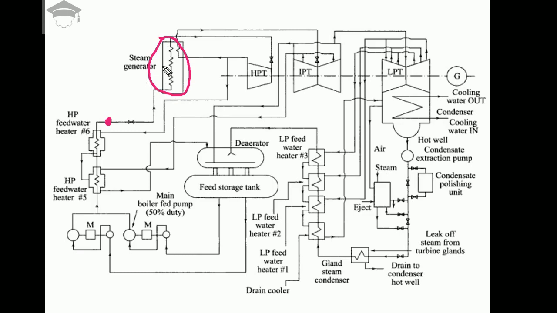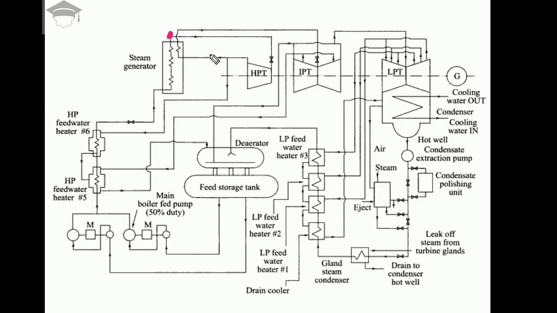Here the steam is formed from this high grade energy feed water at higher pressure and temperature. After getting heat, this water gets converted into good quality steam at the outlet. At this point we get superheated steam of very high grade quality.